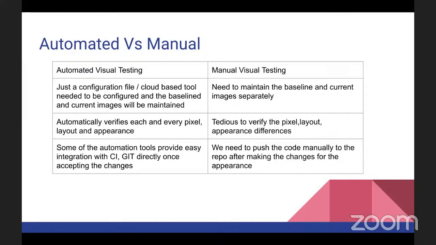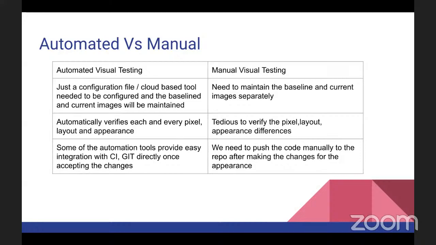And the third one is, in manual, we need to make the changes manually, and then we need to push them into a repo. When it comes to automation, some of the tools provide integration with Jenkins and Git, so that each and every time I review or accept my build, the code I have reviewed will automatically be committed into my Git.